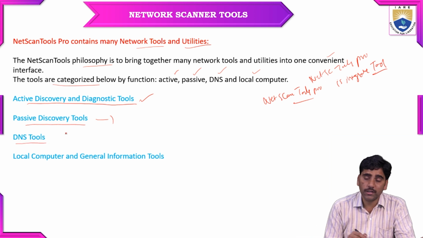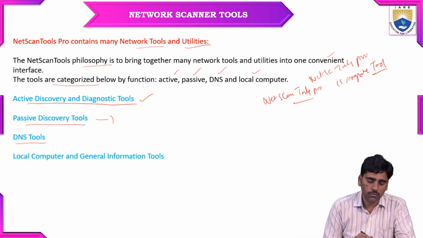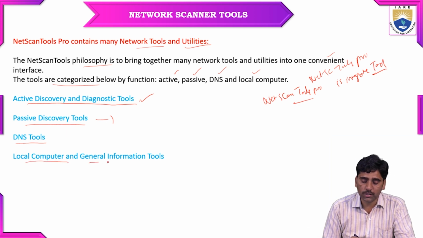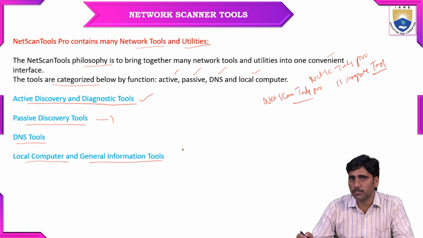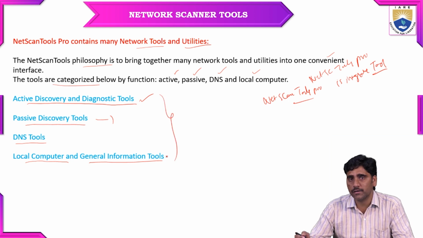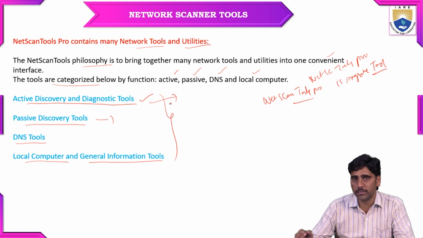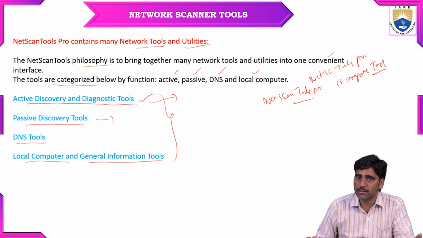The third one is DNS tools. And the fourth one is local computer and general information tools. So these are the four categories of tools integrated in the networking tools, but each and every tool has a separate set of mechanisms.